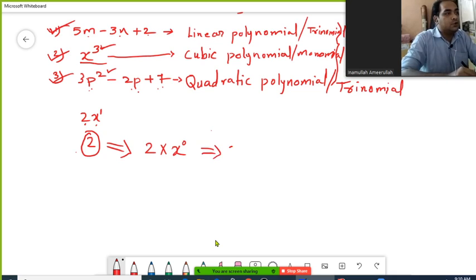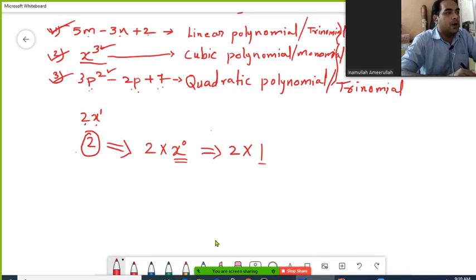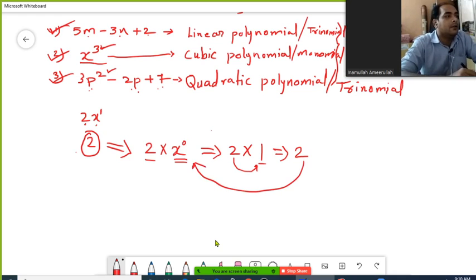We have already studied in indices that any variable raised to 0 is equal to 1. So x raised to 0 will become 1, and here we have 2. So when you multiply 2 and 1 together, you will get 2. So 2 is actually 2 into x raised to 0. That is the reason you can say this 2 is also a polynomial.